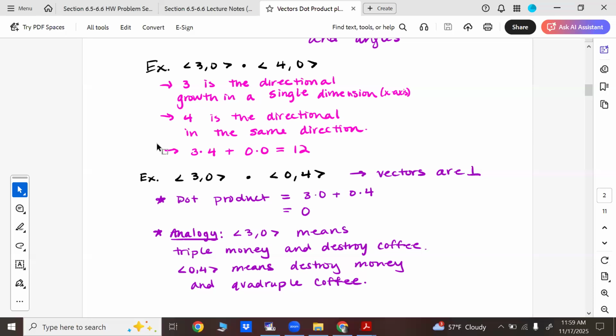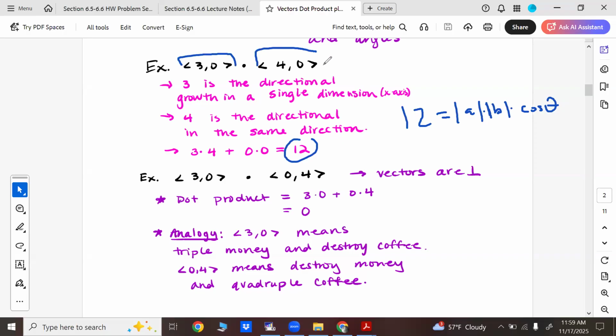So let's do this, guys. What if I set 12? So this is my dot product, right? So 12 will equal the magnitude of A times the magnitude of B times cosine theta. What's the magnitude of the first vector, guys? 3.